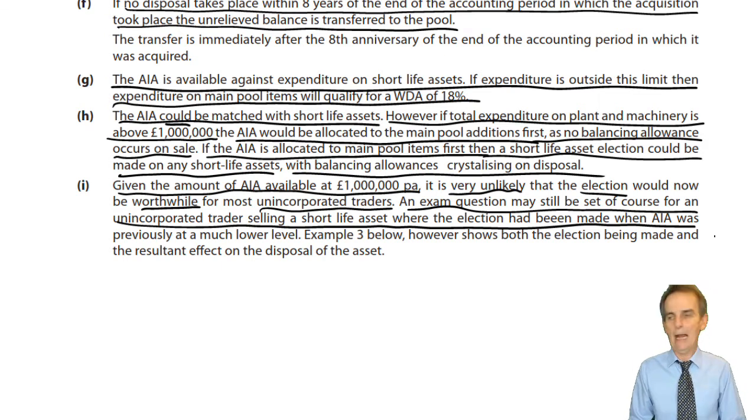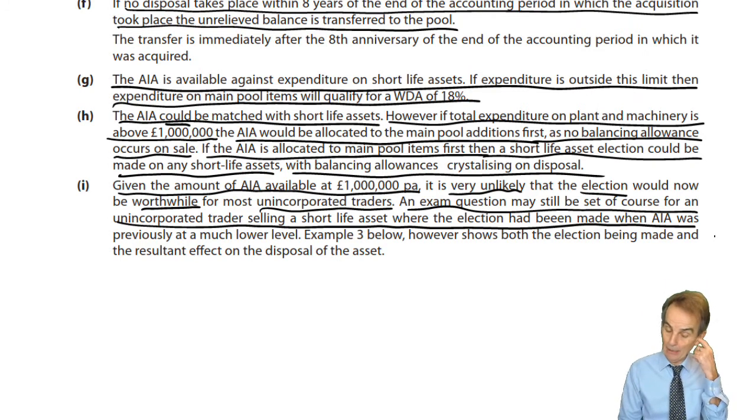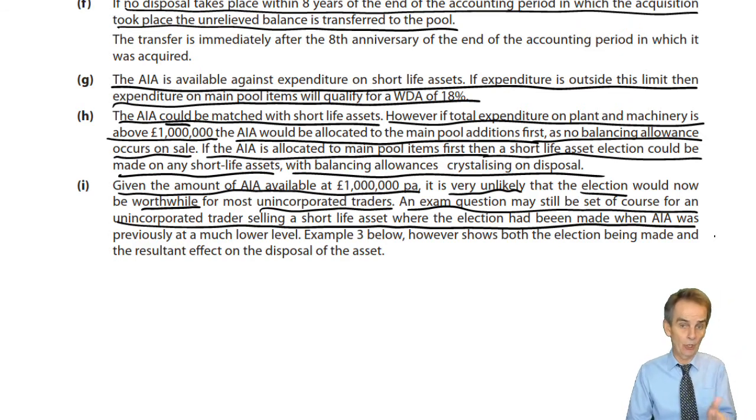Maybe sensibly then, because there was insufficient AIA to cover all the expenditure incurred in that particular period. And what we're now doing is to see that within the up to 8 years following that purchase, we inherit at the start of this accounting period its individual tax written down value brought forward on this short life asset. Now it is sold.